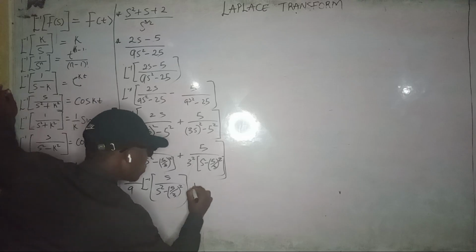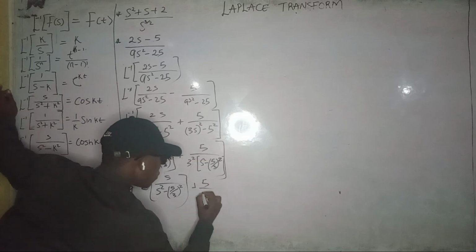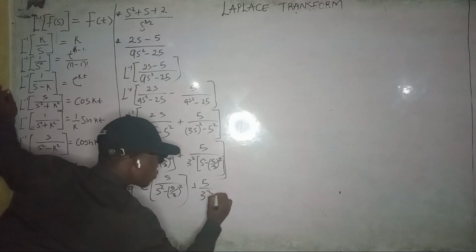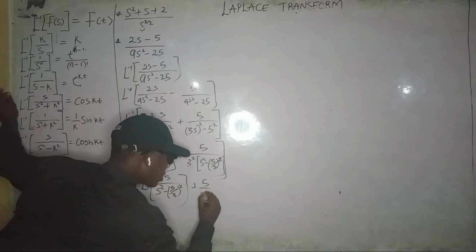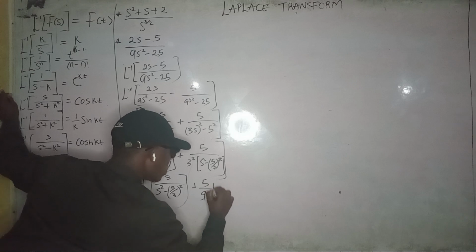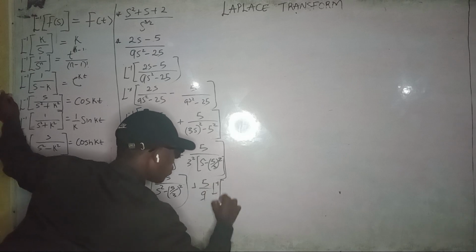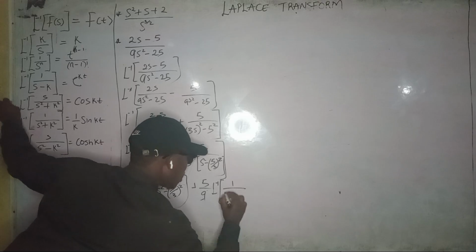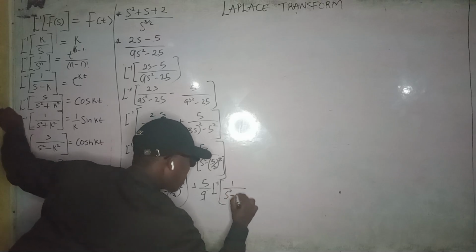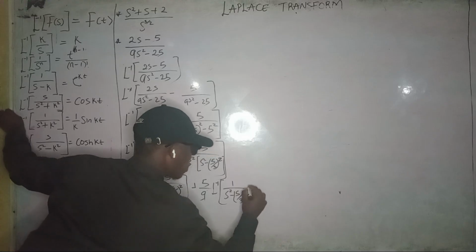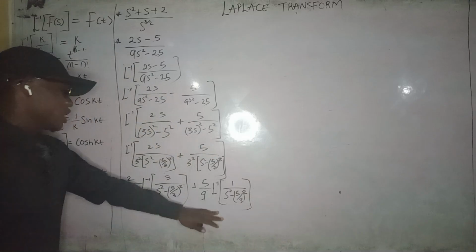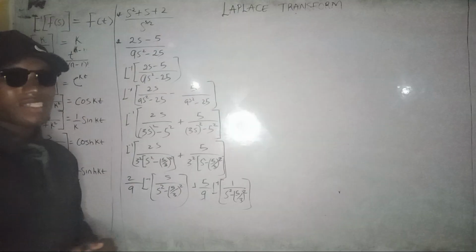We have plus 5 over 3 squared, and 3 squared is equal to 9, inverse Laplace transform of 1 over s squared minus 5 over 3 all squared. And that is it. This is the breaking down of the inverse Laplace transform.